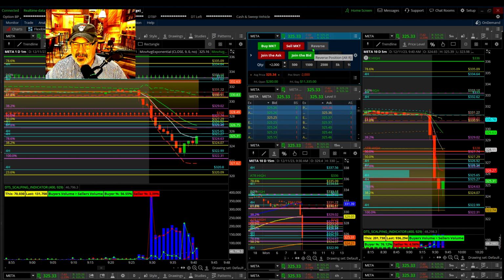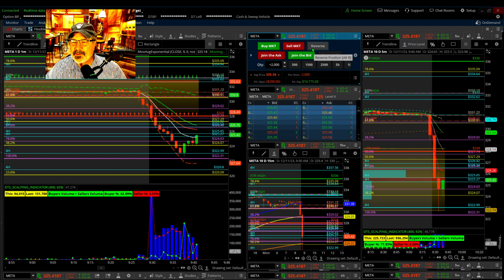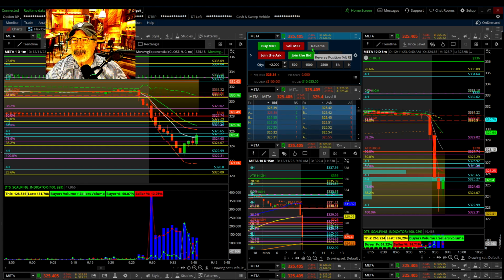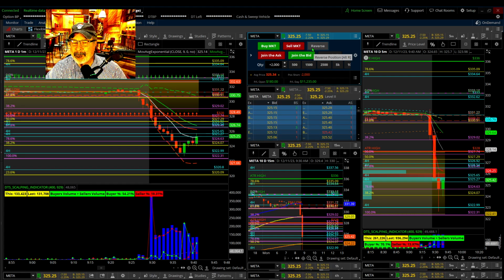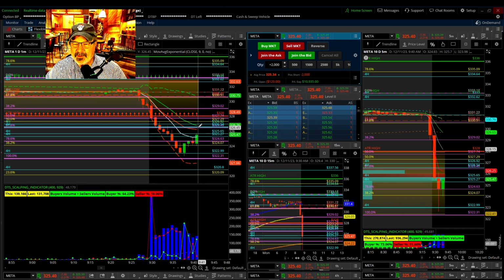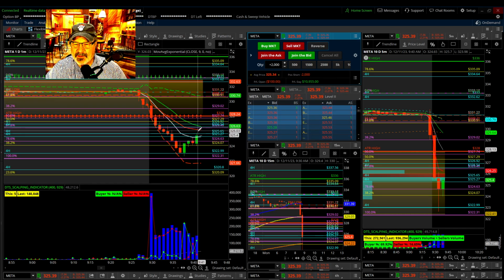So yeah, I'm in a short position, 325.34 short. I would probably hold till it breaks up about this fib, unless that's over $1,000, which I don't think it will be.